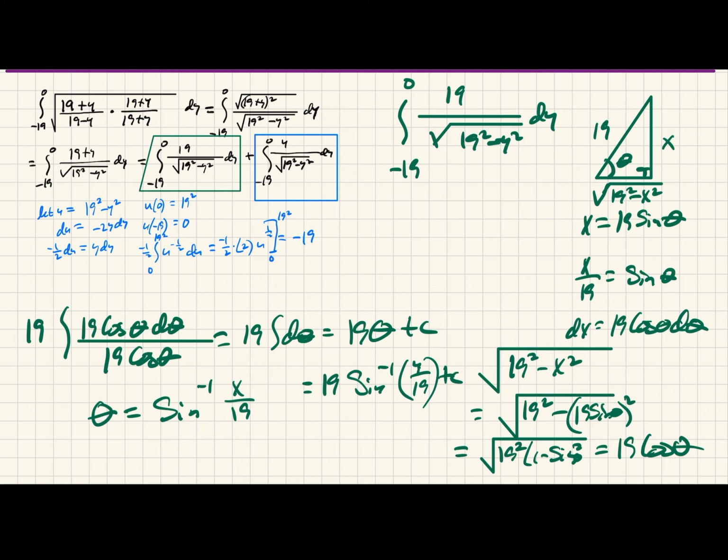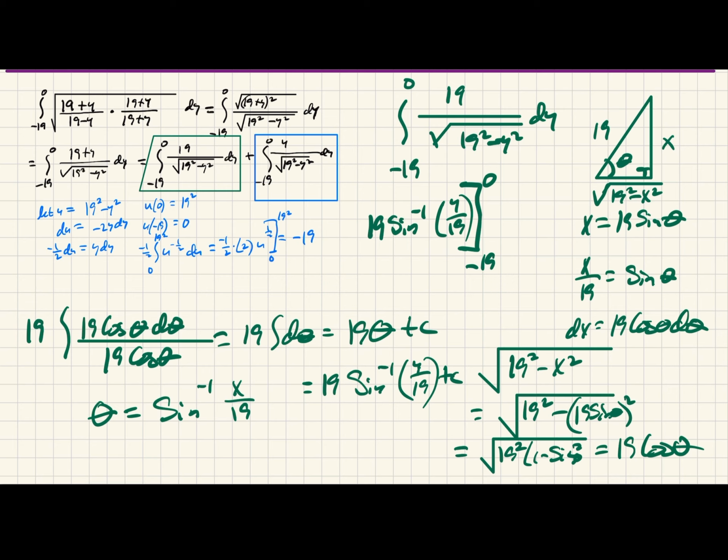Okay, now, how do I evaluate this thing then? Okay, so I take that, 19 inverse sine y over 19, and I use these limits of integration, minus 19 to 0.